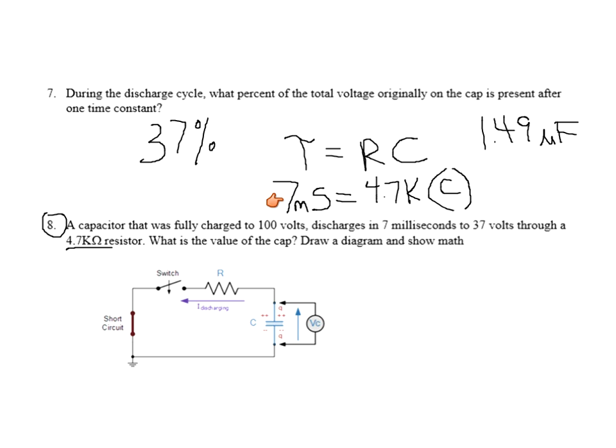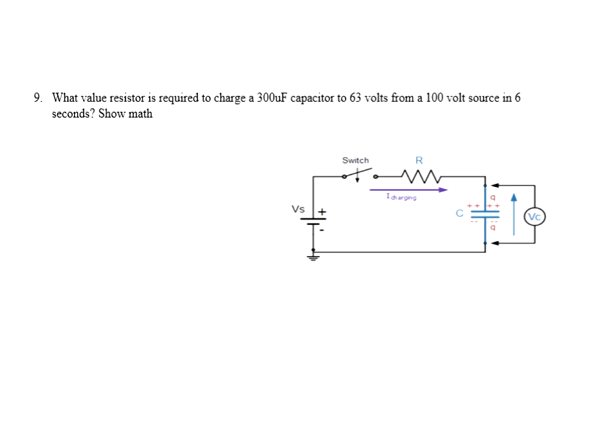Okay, so that's the correct answer: 1.49. Let's just review that. First, I identify it as being one time constant, tau. One time constant, tau, is equal to R times C. The amount of time for that is 7 milliseconds. I put it in. The value of the resistor is 4.7K. Now I need to solve for C. 7 milliseconds divided by 4.7K is the value of C.